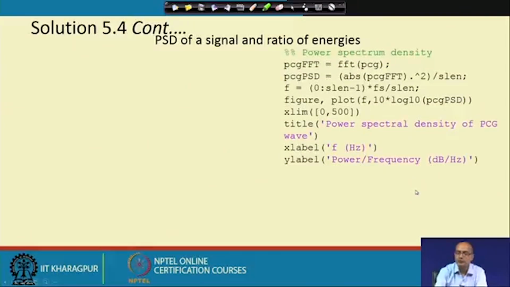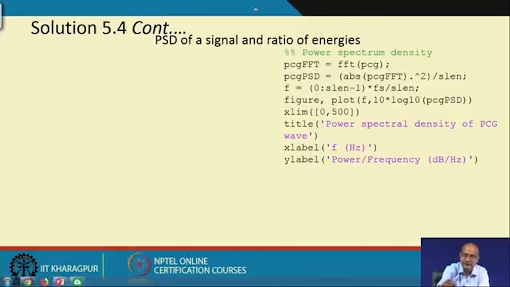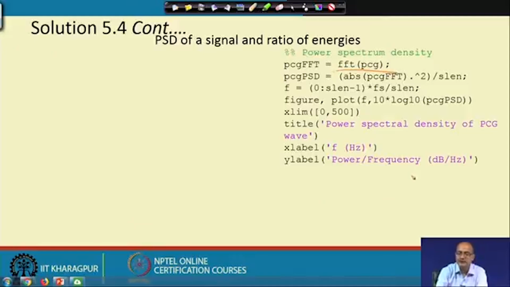So, for that what do we have to do? We have to first take the Fourier transform of the signal, then we need to take the energy. So, we take the absolute value and the square of it, and then we create the frequency axis and we plot the PSD in the dB scale.